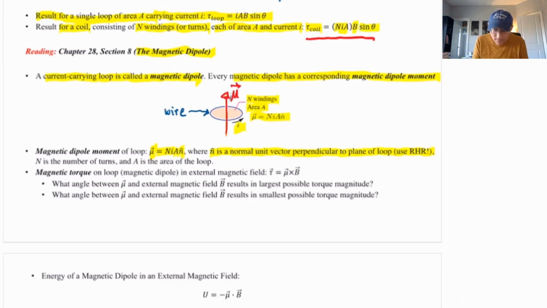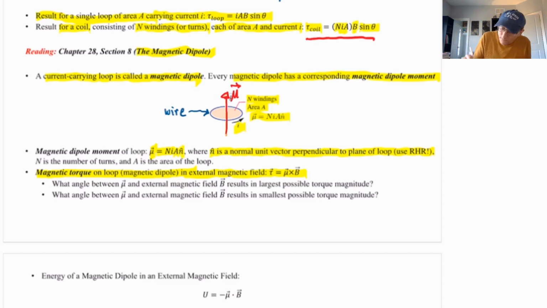So guess what? Here's our final expression for the magnetic torque on a loop, which includes a coil, in an external magnetic field. There it is. Tau arrow equals mu arrow cross B. Vector product of the magnetic dipole moment cross the magnetic field that it's in.